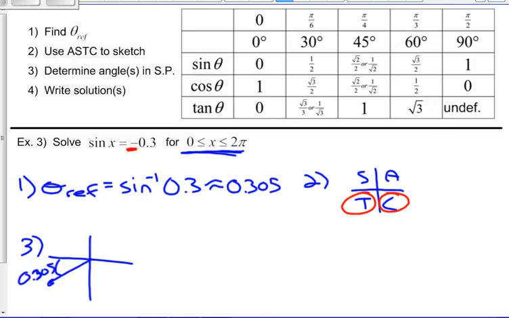And your sketch does not need to be a work of art. If you're not quite sure exactly how big 0.305 is, that's okay. It's a pretty small angle. But whether you draw it big or small, the process is going to be the same. This first one is pi plus 0.305.